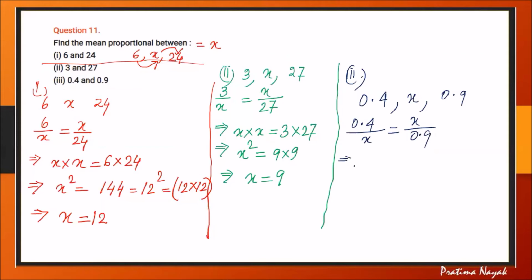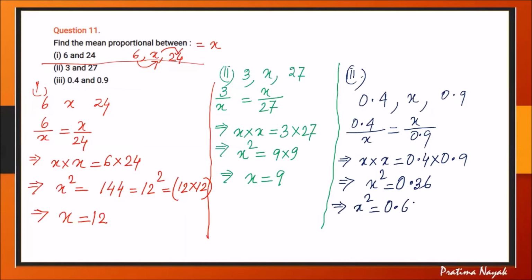This gives you x into x is equal to 0.4 into 0.9, or x square is equal to 0.36. 0.36, I'll write this as 0.6 multiplied by 0.6.